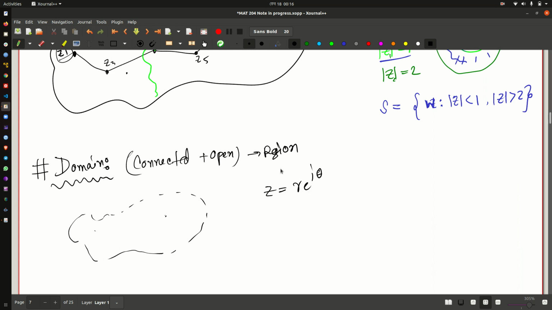Some function, let's say f of z is equal to z, and z can be represented with this polar form. Then if you fix this r, then for theta you are defining it like this, where theta 0 and alpha are just some constant numbers, whatever you want to call them.